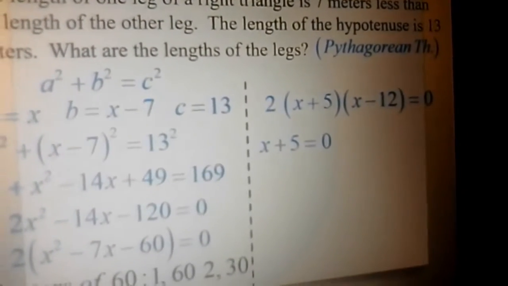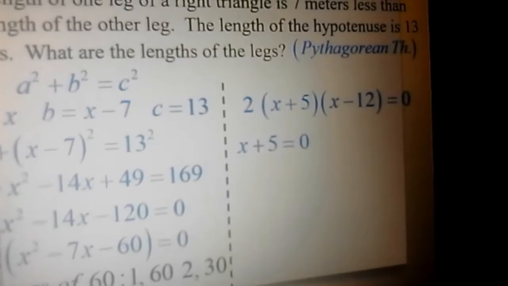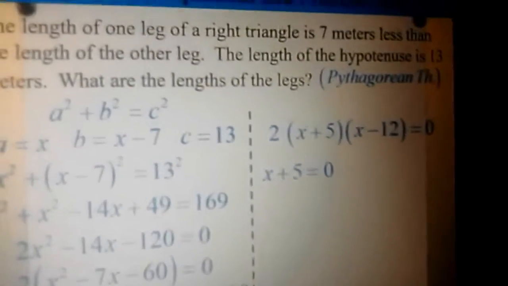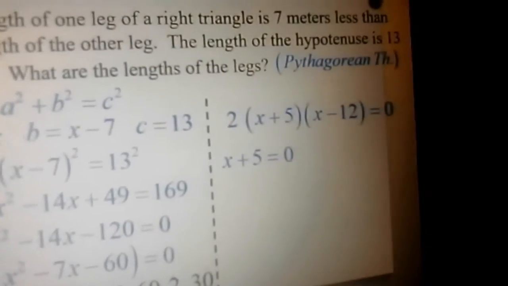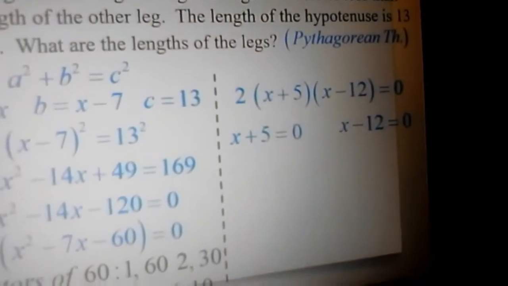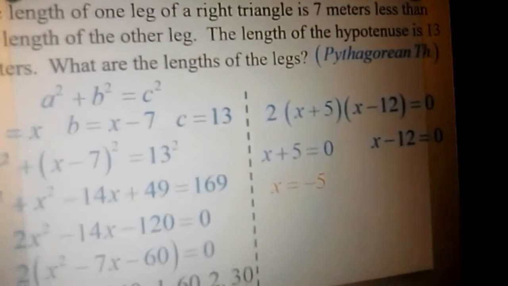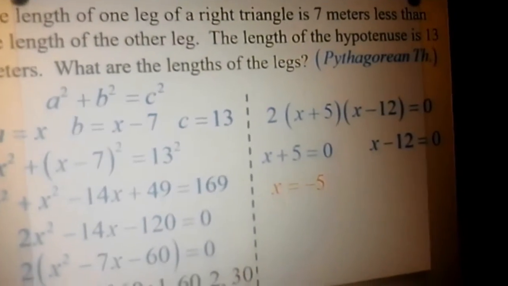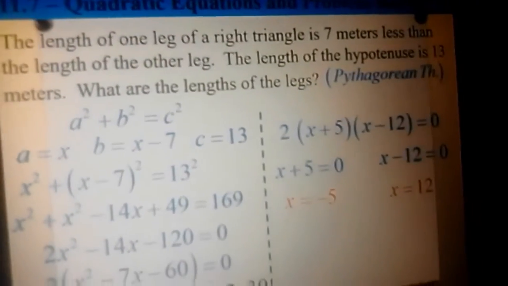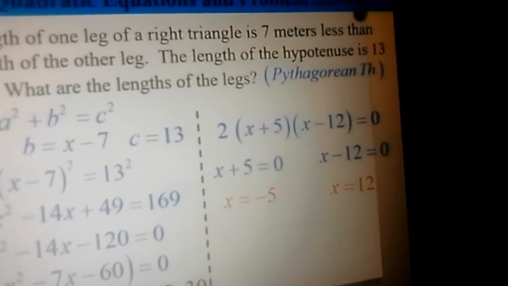We cancel out 2 on the left-hand side, and we have 0 divided by 2, which is just equal to 0. So x plus 5 is equal to 0, and x minus 12 is equal to 0. So x is equal to negative 5, and another one is x is equal to 12.